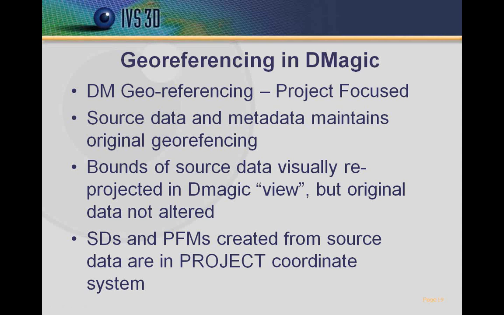It's just being reprojected visually into the project. And that's what this third point is. The bounds of the source data are visually reprojected in DMagic so that you're viewing geographic data in UTM coordinates, but the original data is not altered until you make an SD or a PFM. Then those new files that are created will be in the new project coordinate system.